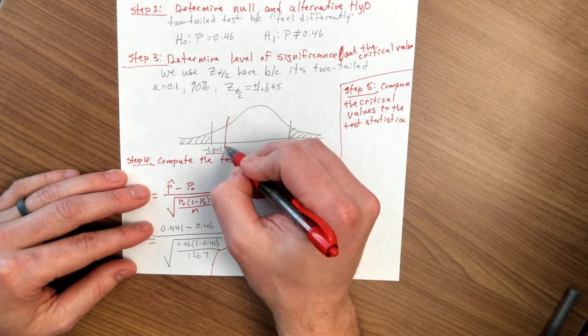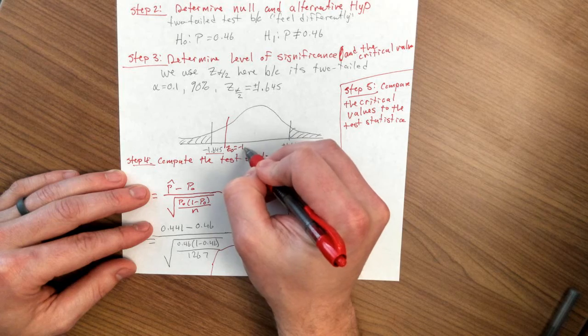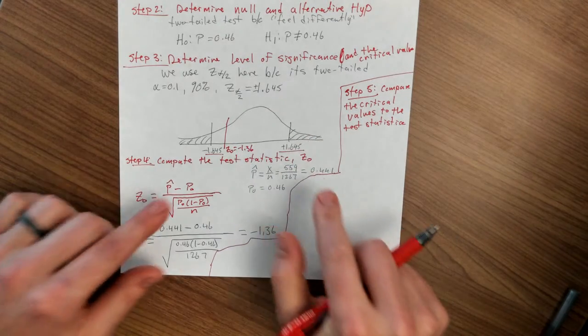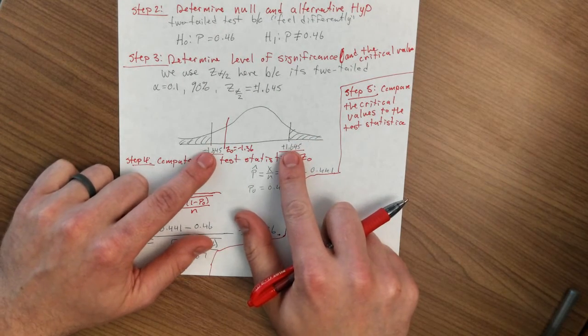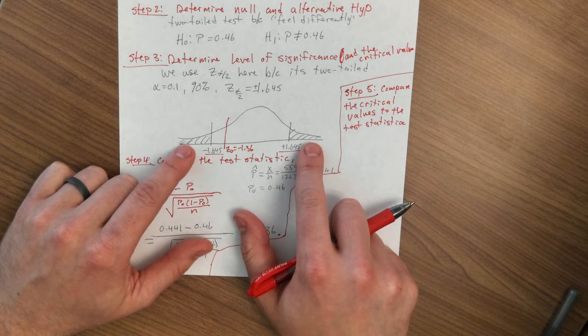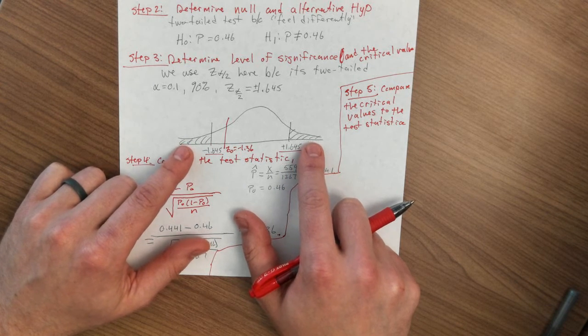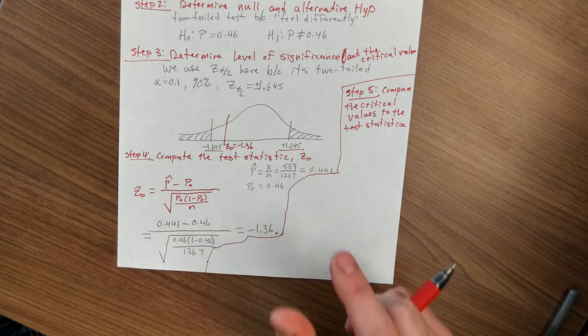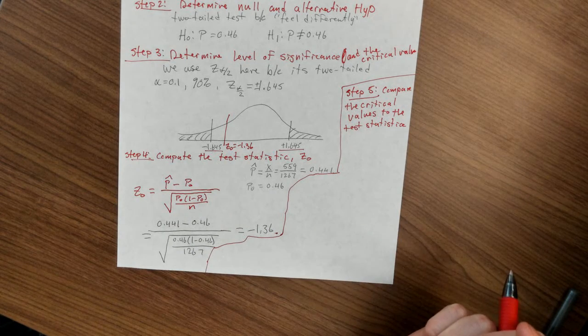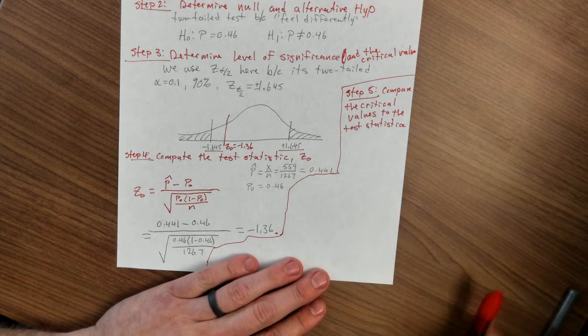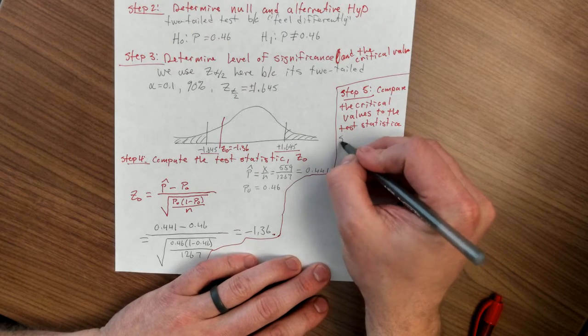This is z-naught equals negative 1.36. Since it lies inside of our two critical values, in other words, it's not in our critical regions over here, that would lead us to not reject the null. So let's write that over here in step 5 as our answer.